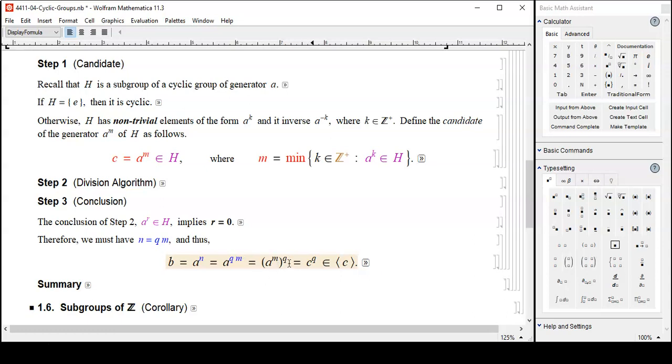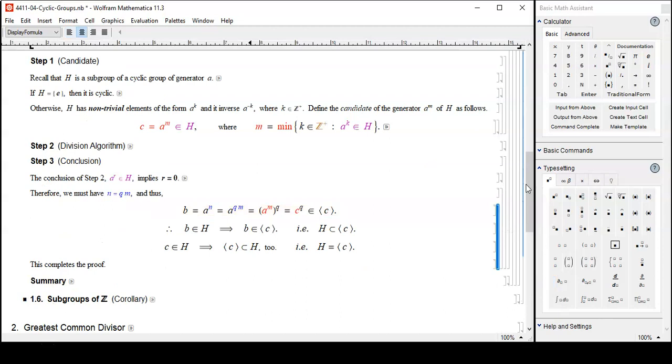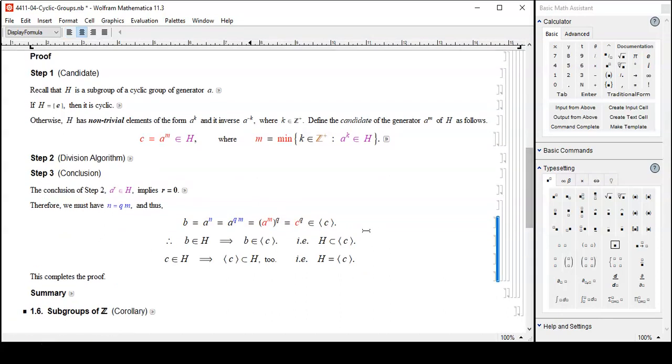And you can rewrite it like this, a to the m power to the q power, but a to the m power is c, so we have c to the q power. So what did we get? We successfully expressed b as a power form of c. And please remember that b is arbitrary. So every element from H belongs to the cyclic subgroup generated by C. So H actually is included there.